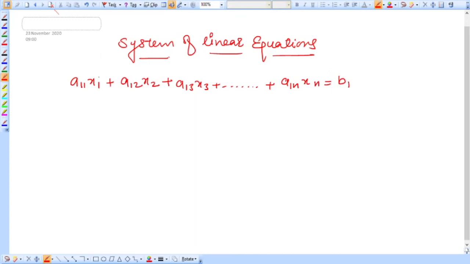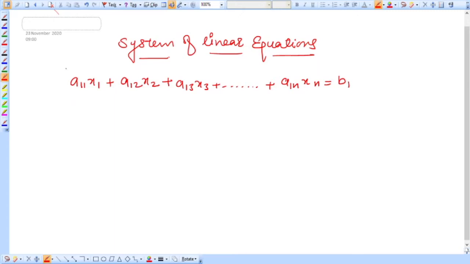So here x1, x2, x3 up to xn are unknowns, and the aij's are coefficients of this linear equation. These equations are called linear equations because in 2D their graph is always a line, so that's why they are called linear equations.